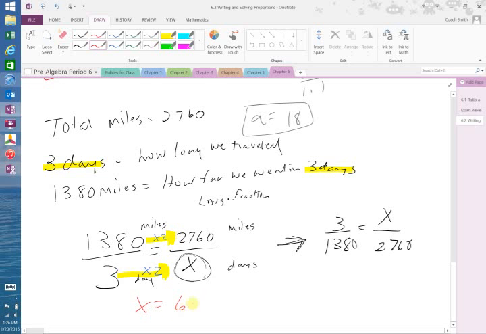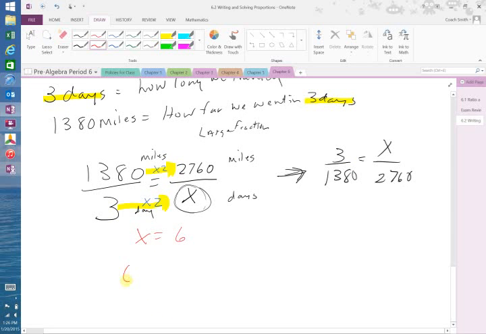X is equal to 6. And so it takes 6 days for the rest of the trip. X equals 6 is what the proportion equals. Then you tell the answer, 6 days.